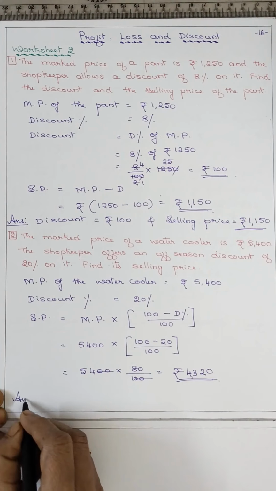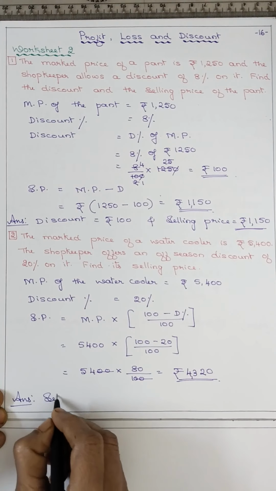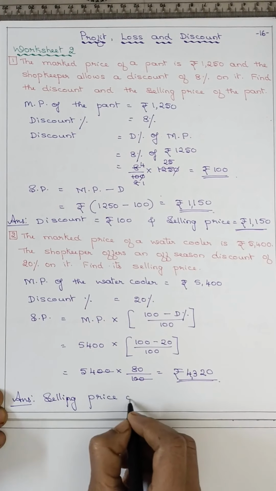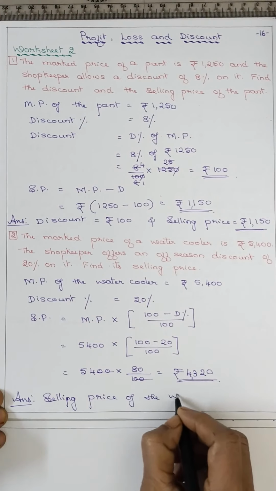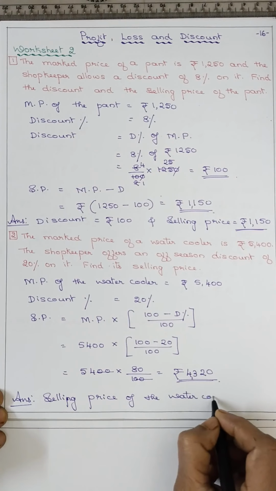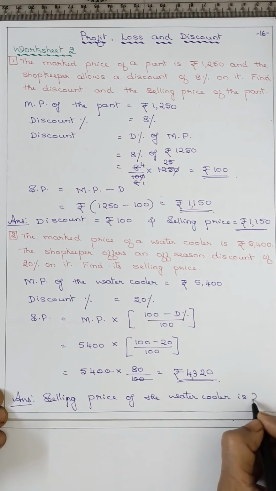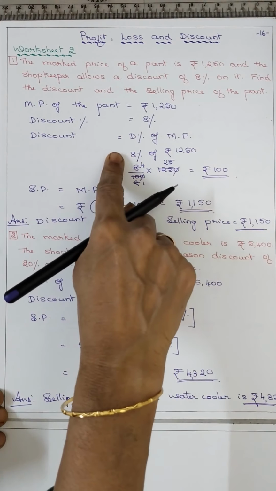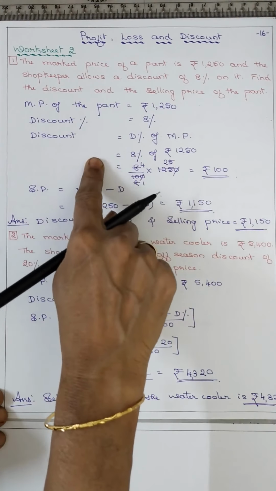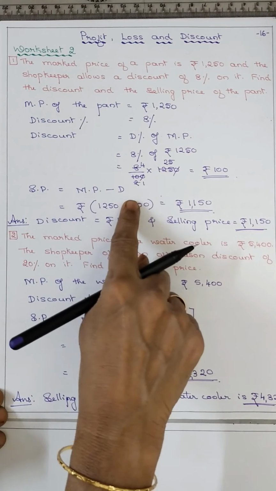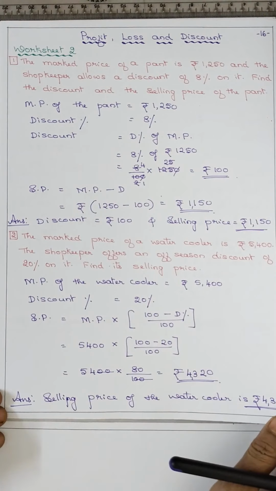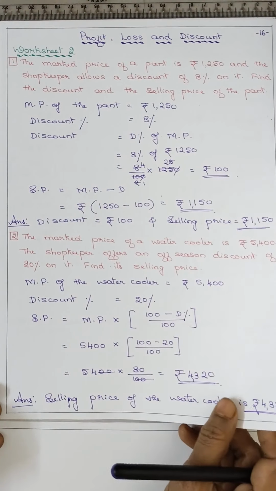So answer, selling price of the water cooler is rupees 4,320. Here if you go according to this method, first find out the discount, then use this formula. Otherwise this is the better one. Directly you will get the SP. That was question number 2.